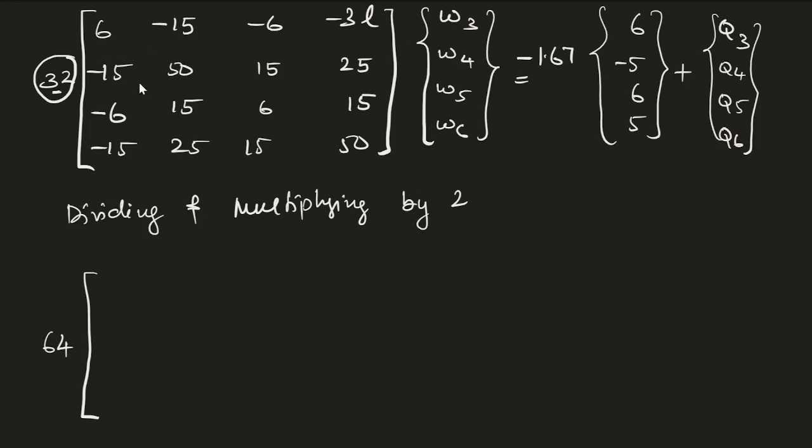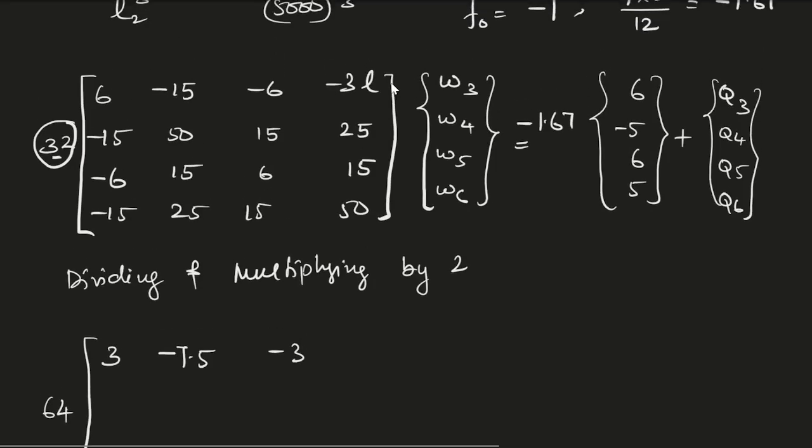So here the first element will be divided by 2 as well, it will give me 3, and minus 15 divided by 2 is minus 7.5, and minus 3. This is 15 over here, minus 3L is nothing but 15. Similarly here you will have minus 7.5.